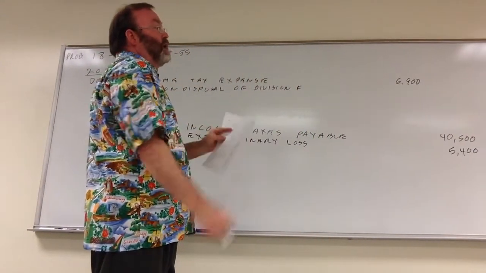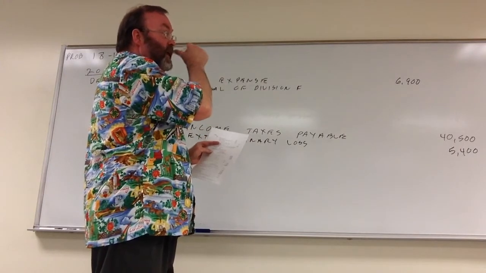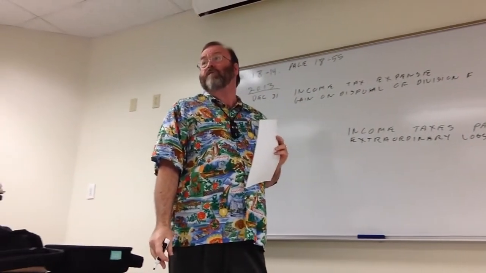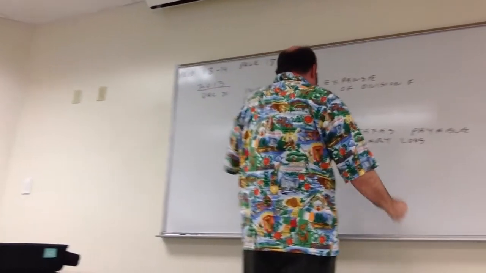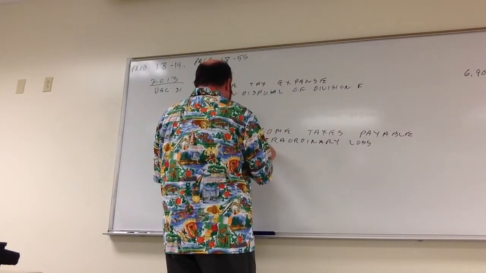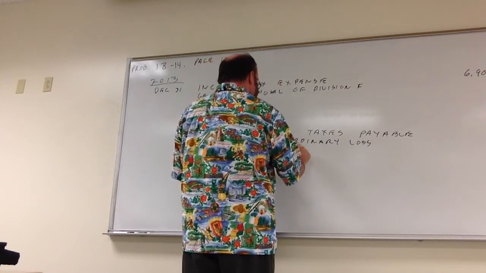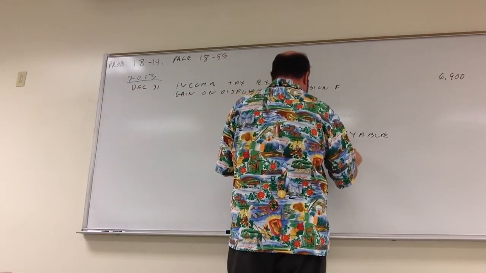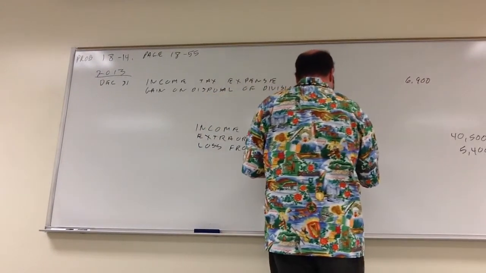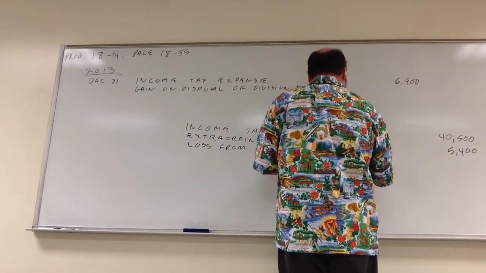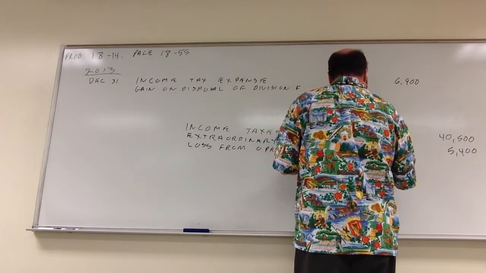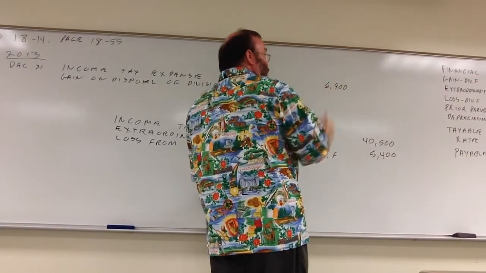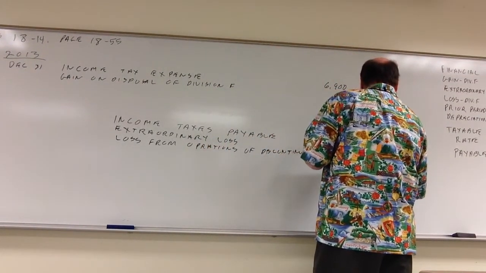The operating loss from the Division F has a debit balance associated with the loss. So we're going to credit the tax benefit for loss from operations of discontinued Division F. So 30% of 10,000 is $3,000.